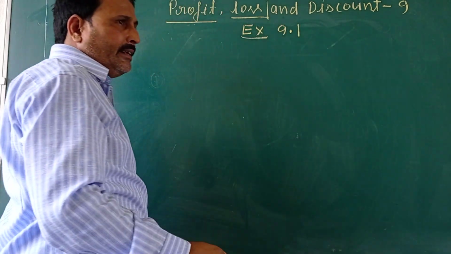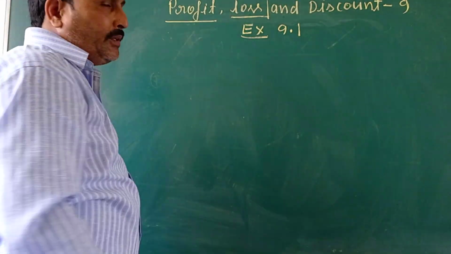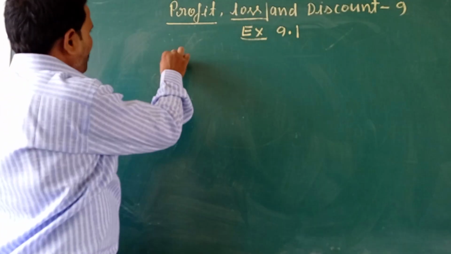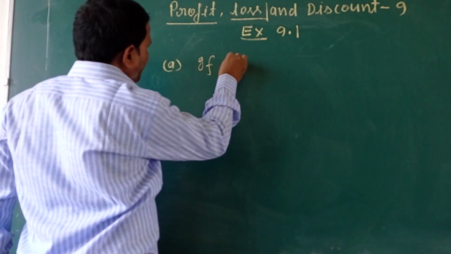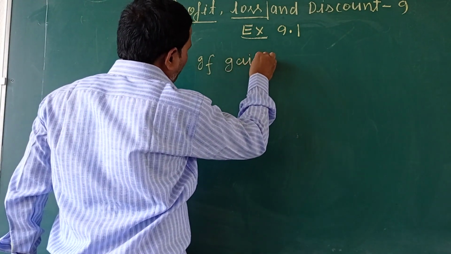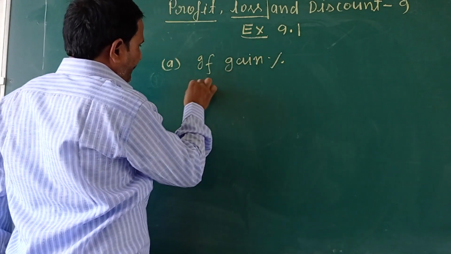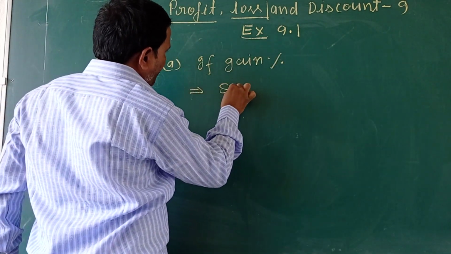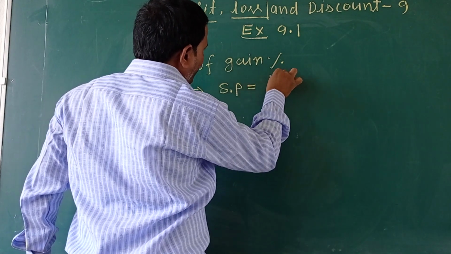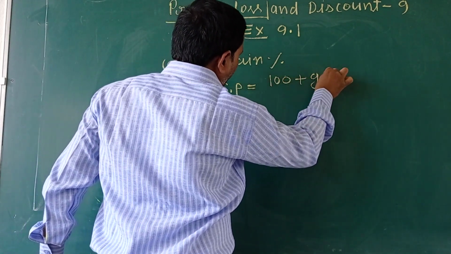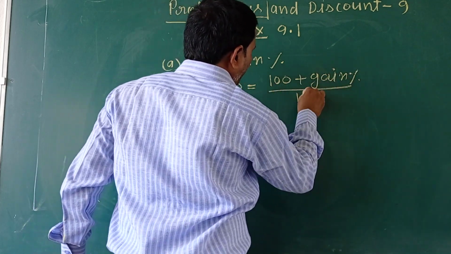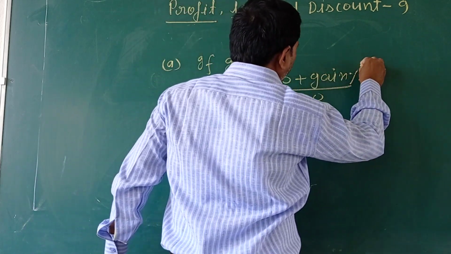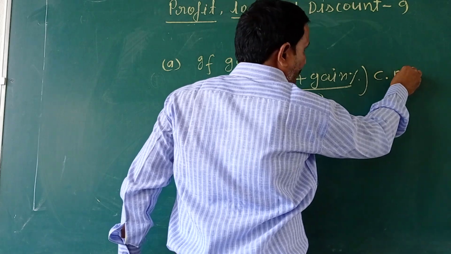9.1, I am going to explain only two formulas. First formula A: if gain percent or profit percent is given, then ST is equal to (100 plus gain percent) upon 100 into CP.